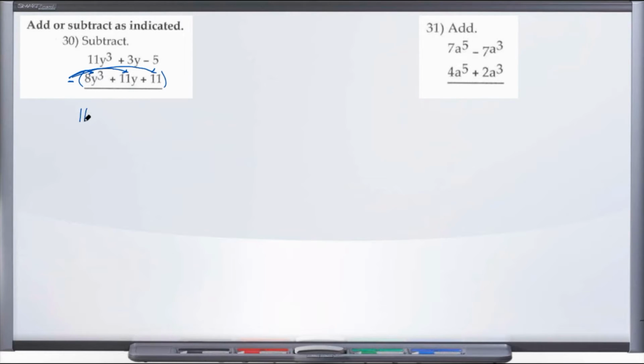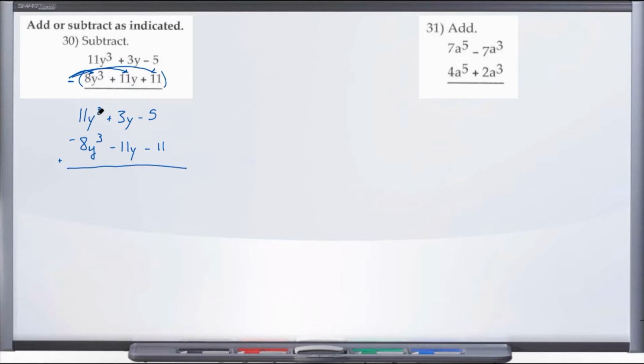So really we have 11y to the third plus 3y minus 5. And now that we've distributed this negative, we have minus 8y to the third. And then negative times positive 11 is minus 11y. And negative times a positive 11 is negative 11. And now we can go ahead and just perform the operation that's indicated.